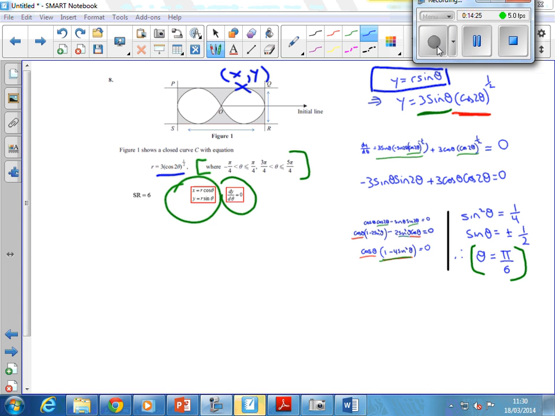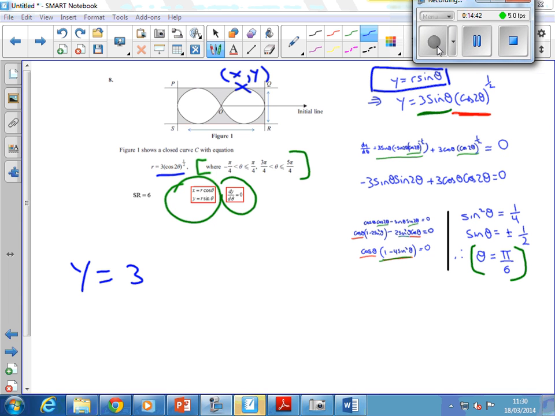So therefore, y at the point where theta is pi by 6, we have r, which is 3 cos of 2 theta to the power of a half. So 2 lots of pi by 6 is pi by 3.